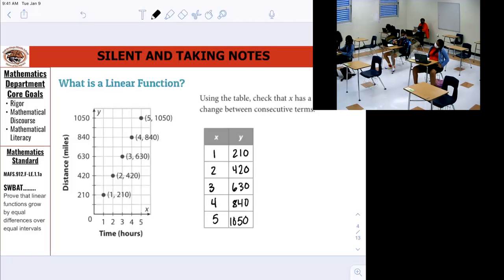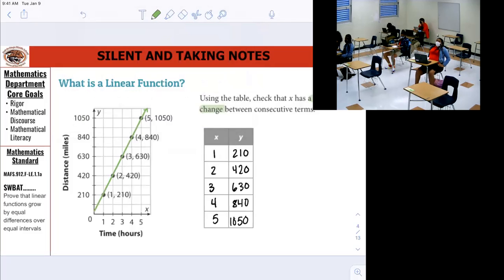And notice that it's asking me to use the table to check that there's a constant change. So what I need to do is check that it's linear using math rather than looking at the graph, because on a graph you can basically tell without a problem that it's a straight line. But we're going to double check using math.